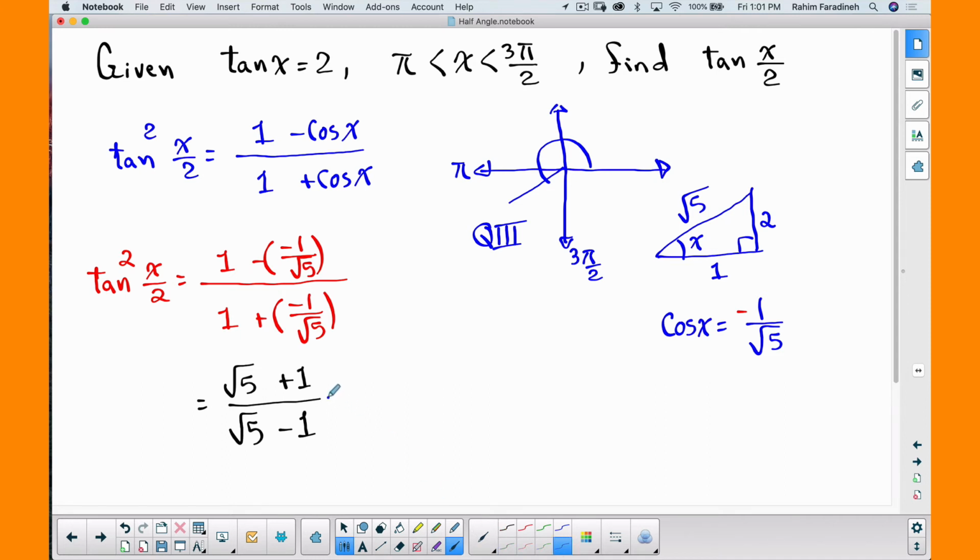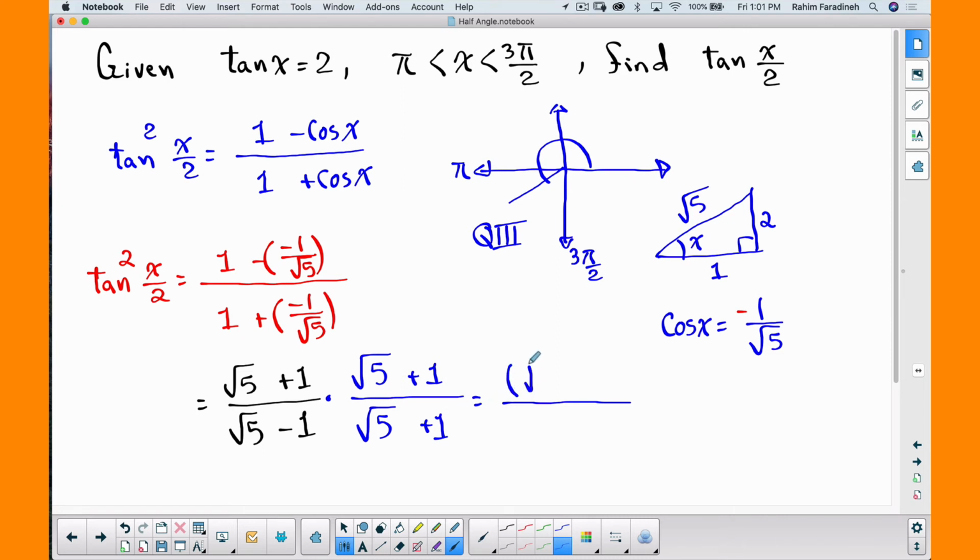I'm going to rationalize the denominator by multiplying the top and bottom by the conjugate of the denominator, which is radical 5 plus 1. The numerator, there is no need to FOIL it out.